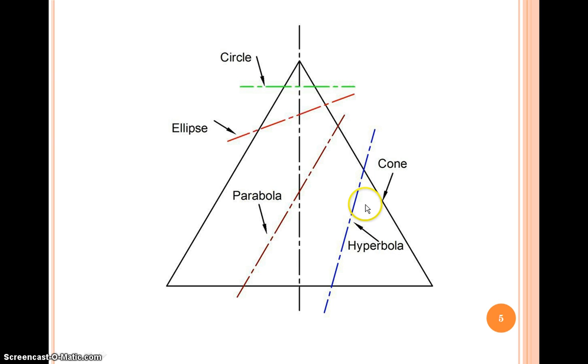When the cone is cut by a cutting plane line which cuts the generator and the base without cutting the axis, then here you will get the hyperbola.